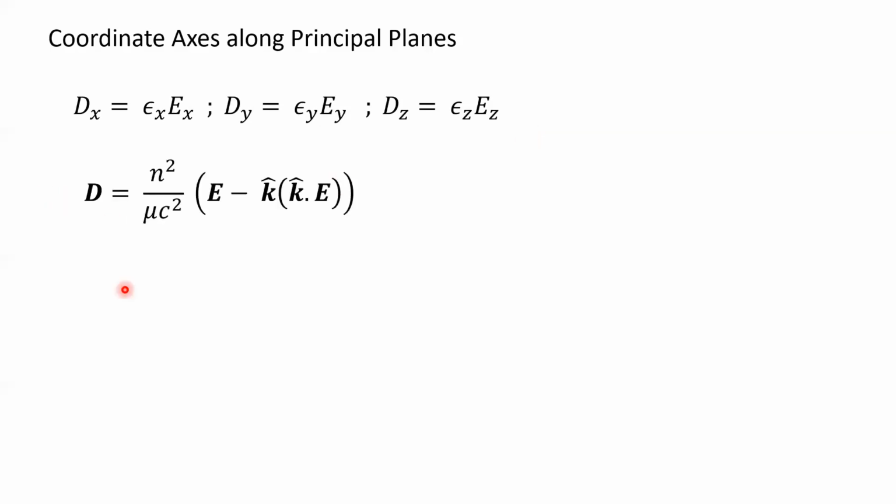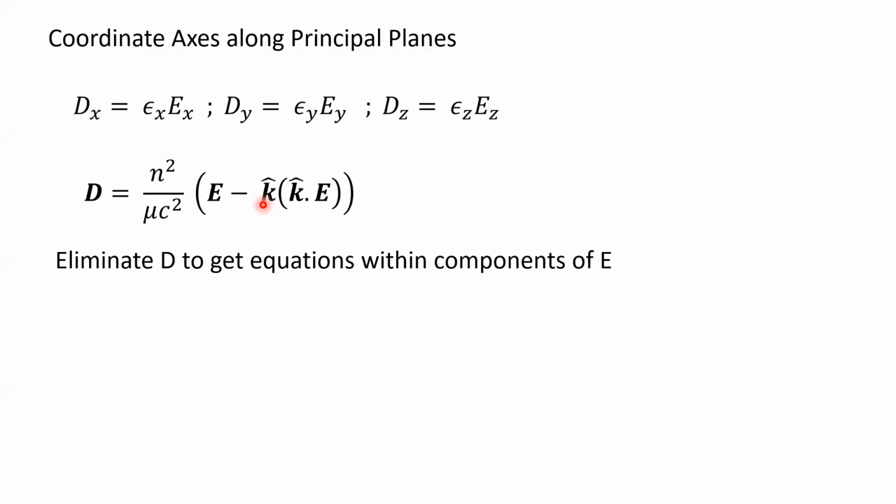We had this equation between D and E from Maxwell's equations. You can eliminate D by writing every component of D in terms of components of E, so there won't be any D vector left, and you will get equations between different components of E.